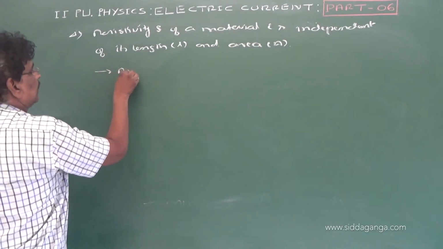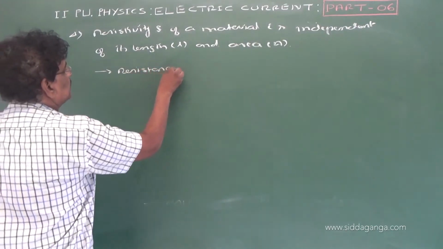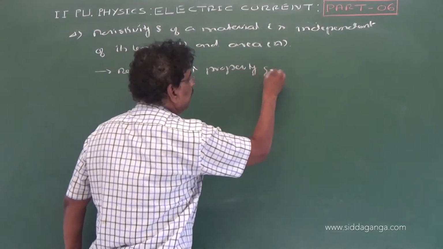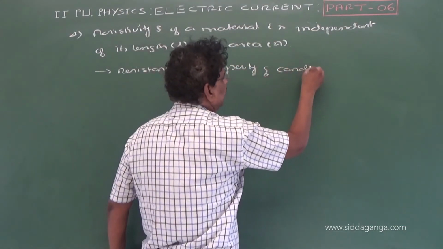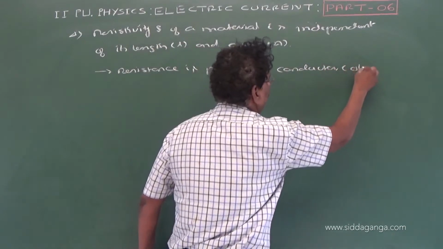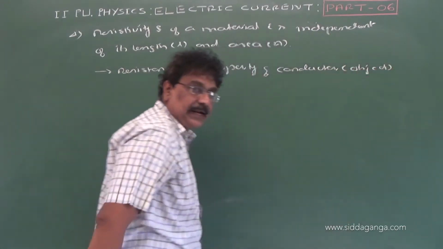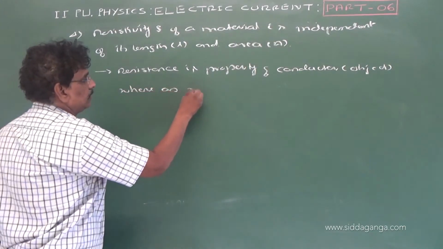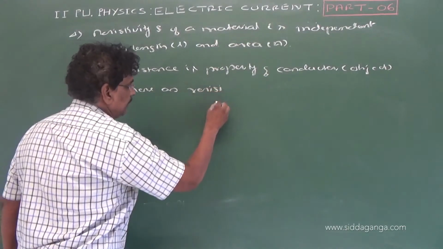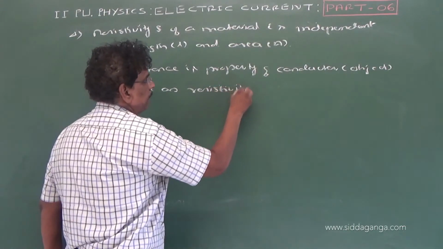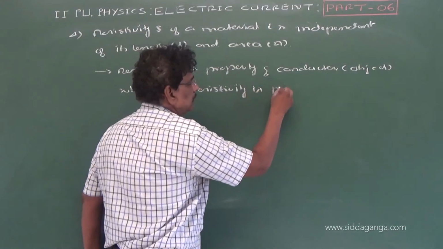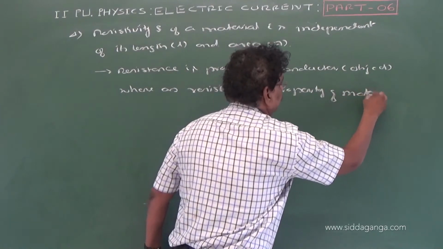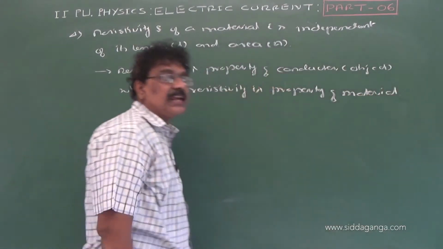So we can write that resistance is a property of the conductor or object, whereas resistivity is a property of the material.